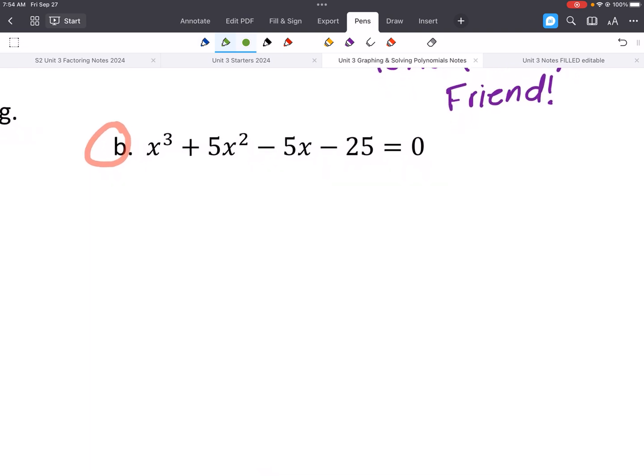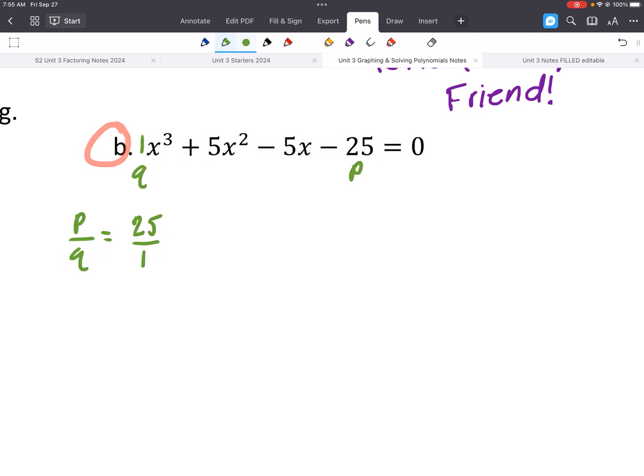Okay, so again, we're going to start the same way where we will write down the possible rational roots. So again, this is our P. Q would be 1. So P over Q would give us 25 and 1. So again, if the leading coefficient is 1, then you don't even really need to have the Q, because we're not going to have any fractions.